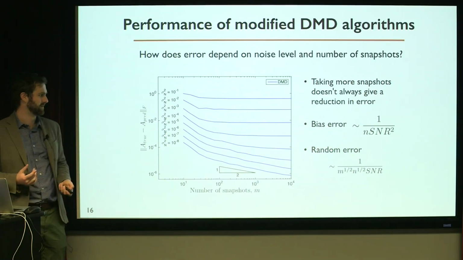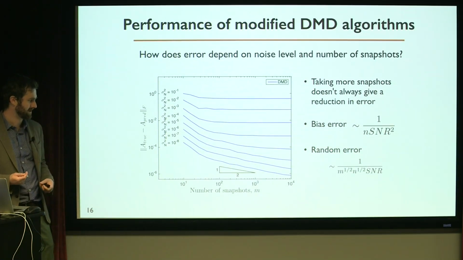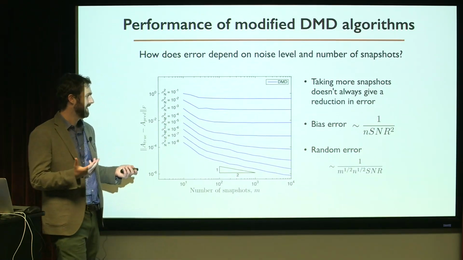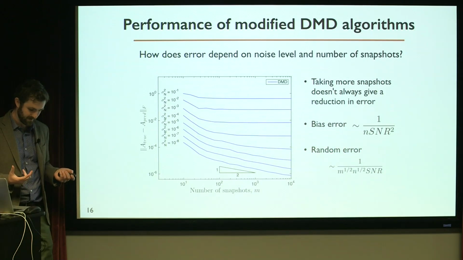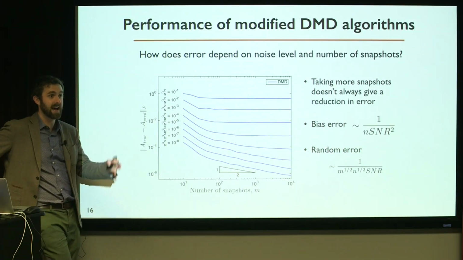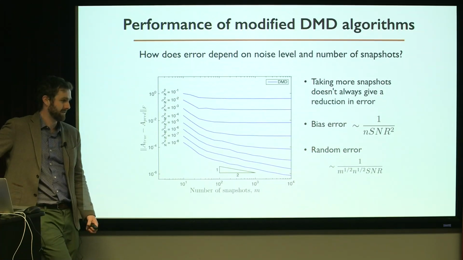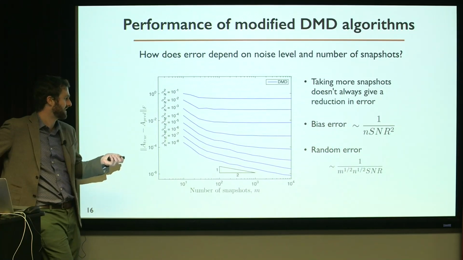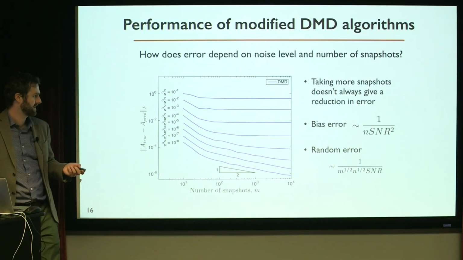And this is important to understand, I think, because naively one might expect that one way to get around having noisy data is just to add more data. I mean, that works if you're trying to find a mean or a variance or something like that. But it turns out for this algorithm, it doesn't work.